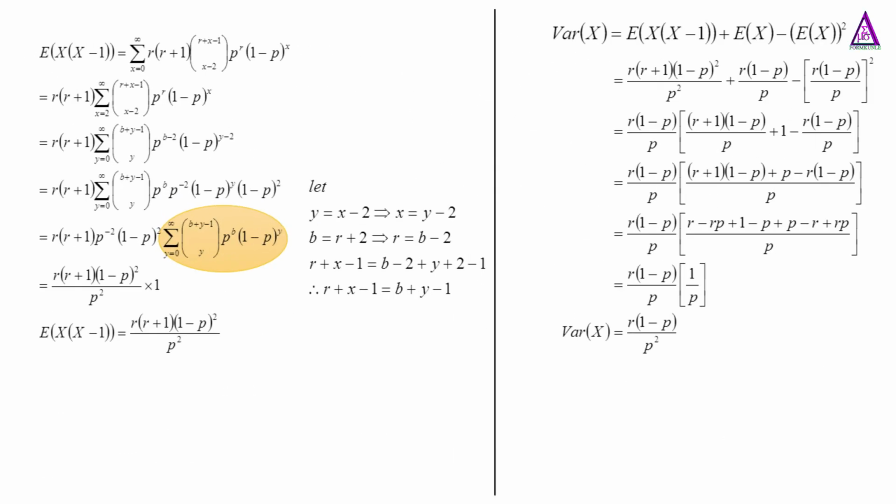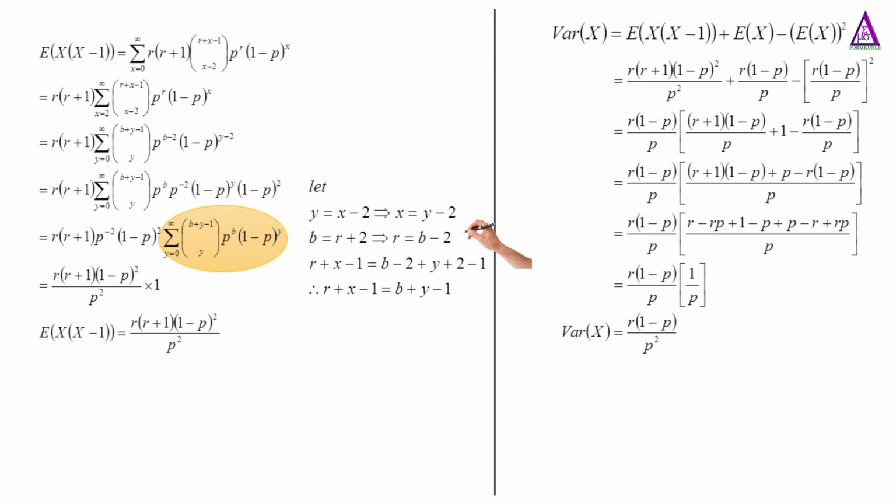So after that, now say let y equal x minus 2, which implies that x equals y plus 2, and b equals r plus 2, which implies that r equals b minus 2. So therefore r plus x minus 1 equals b minus 2 plus y plus 2 minus 1. Therefore our r plus x minus 1 equals b plus y minus 1.